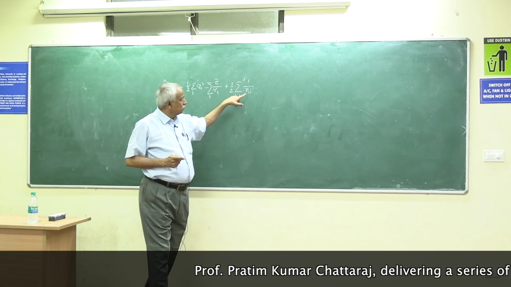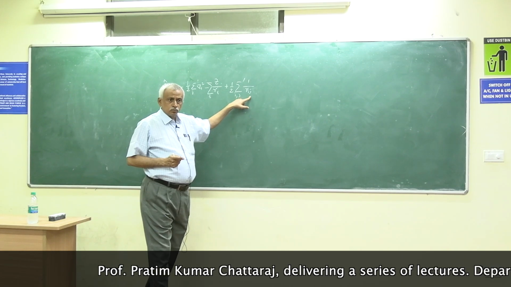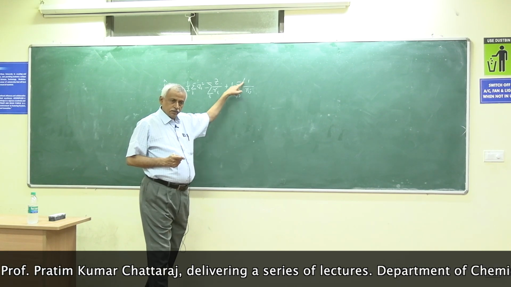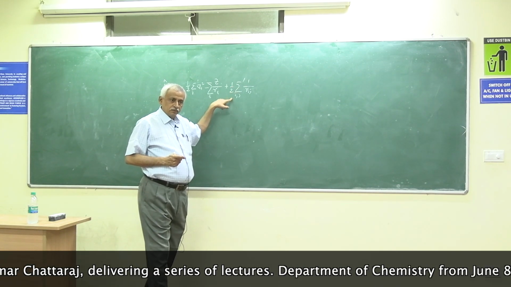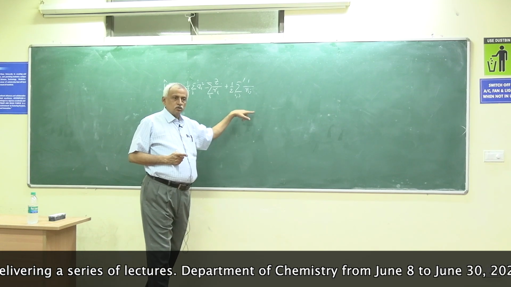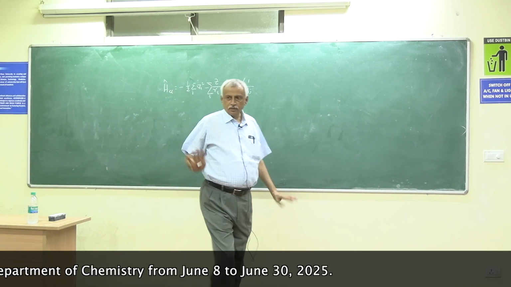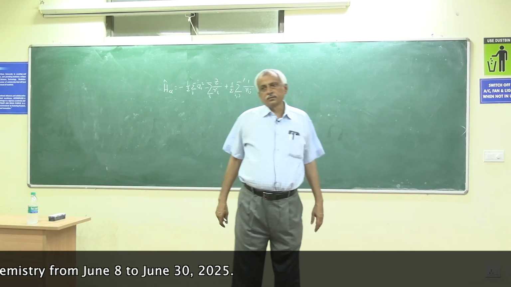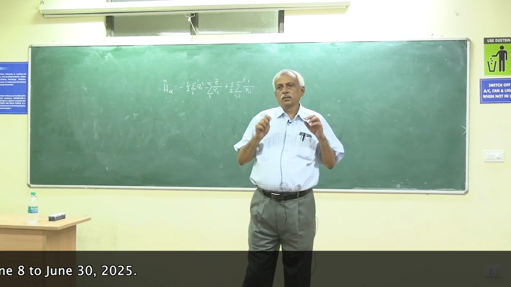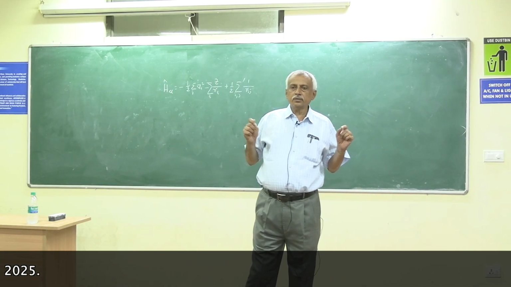Because I don't want to get r11, r22, those terms are not required. That's why this has half. Why? Because you get r12 and also r21, so to minimize that double counting error, I have put the half factor. Okay, so this is a general electronic Hamiltonian for a many electron atom.